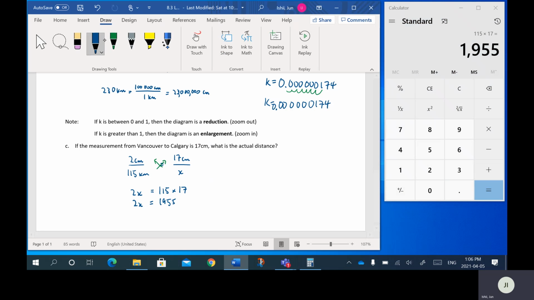And then what we're going to do here is divide both sides by 2. These cancel. And divide that by 2. And we get 977.5 kilometers. Cool.